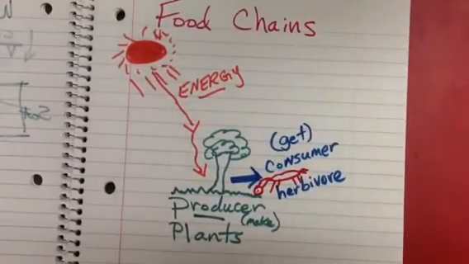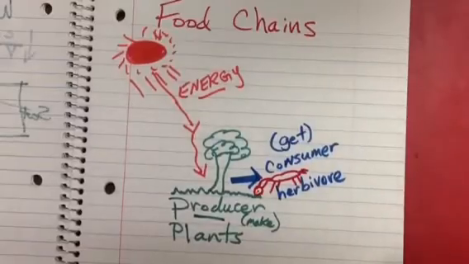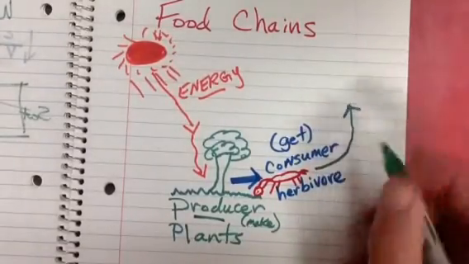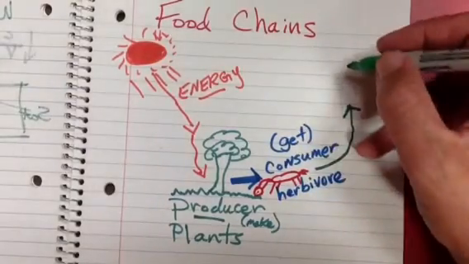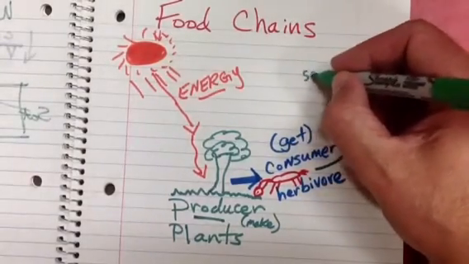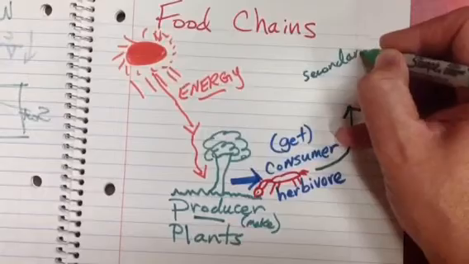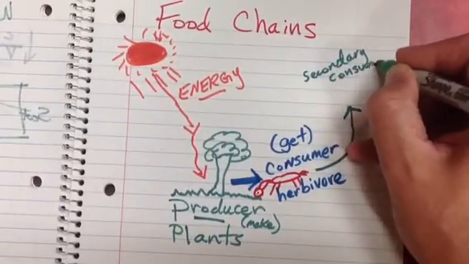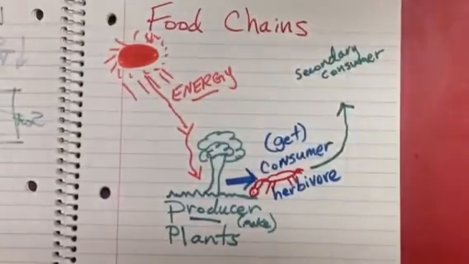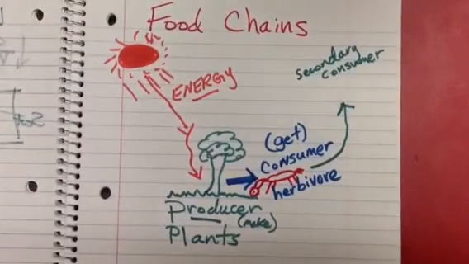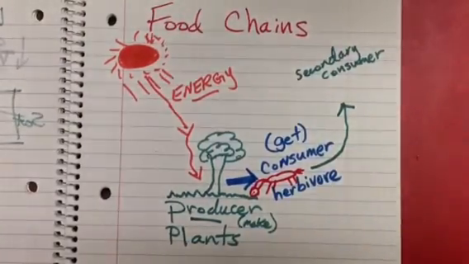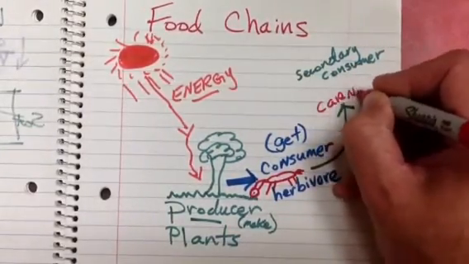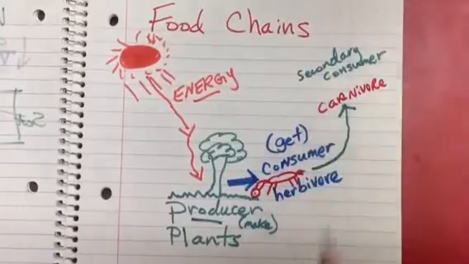After the herbivore, there's another consumer that can come by, and he too gets some energy. We'll just put him over here. This would be the secondary consumer. And he's not a herbivore. Herbivores eat the plants, so the secondary consumer, he is a carnivore, eating the meat.